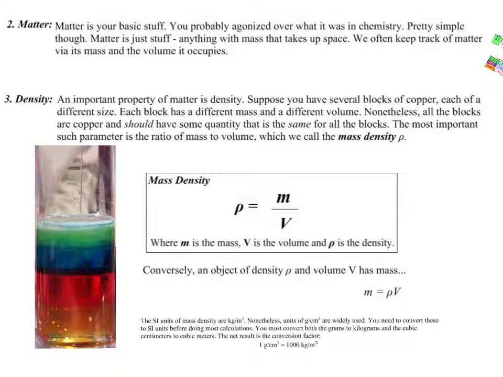So the mass density allows us to talk about the properties of a substance in general without having to refer to any specific piece of that substance. In your reading packet, there is a table of density values for various substances on page 3, and oftentimes if you need that density in a problem, it will be given to you, or you're calculating for it.